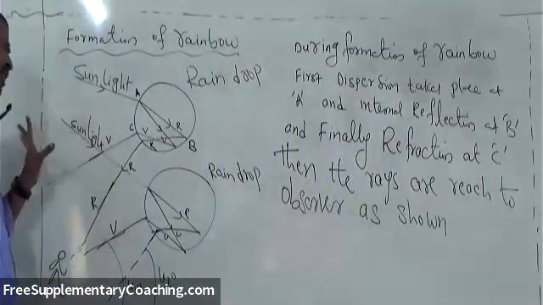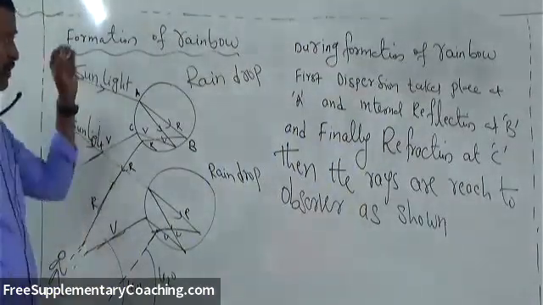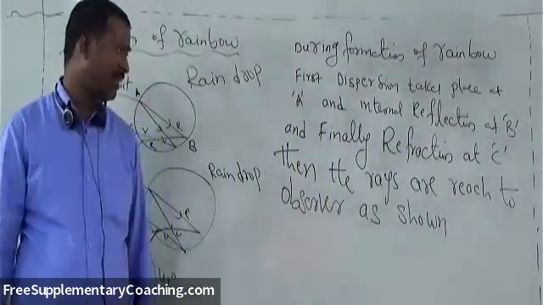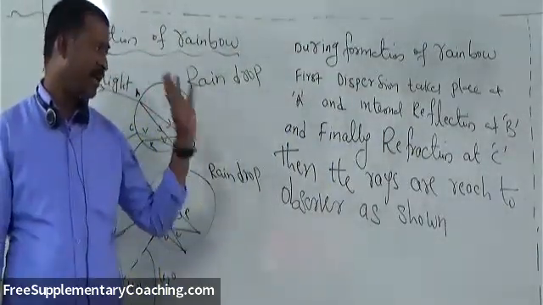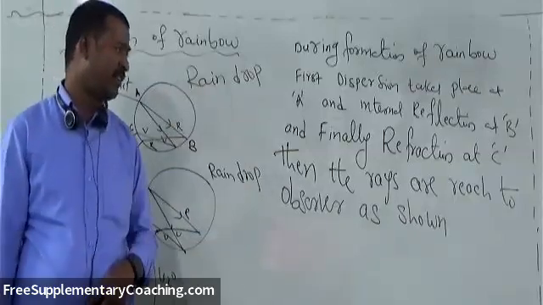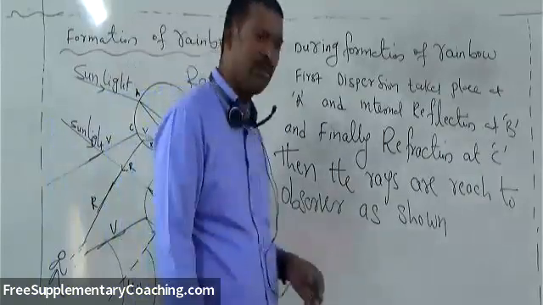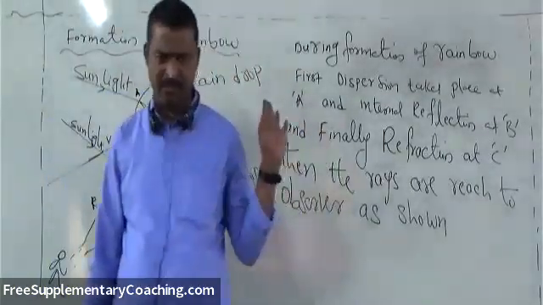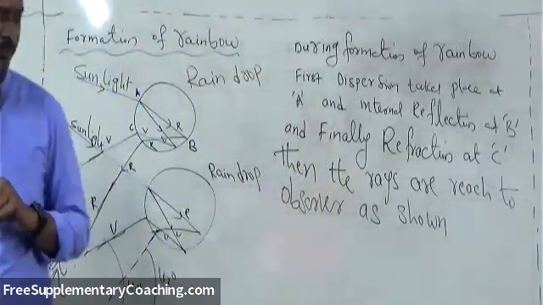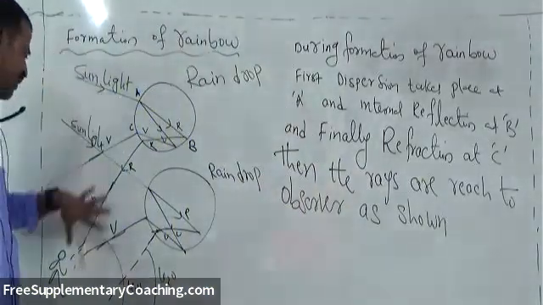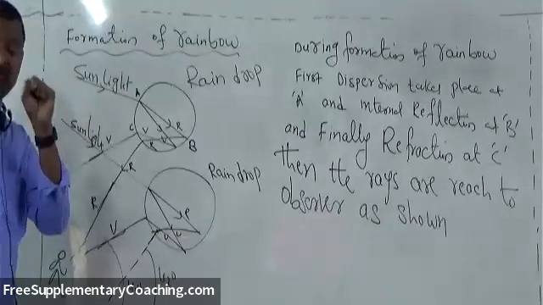That is, first dispersion, splitting of white light ray into 7 colors at A, internal reflection at B, finally refraction at C, then rays reach the observer as shown in the figure in this way. Clear now? This kind of rainbow is called primary rainbow.